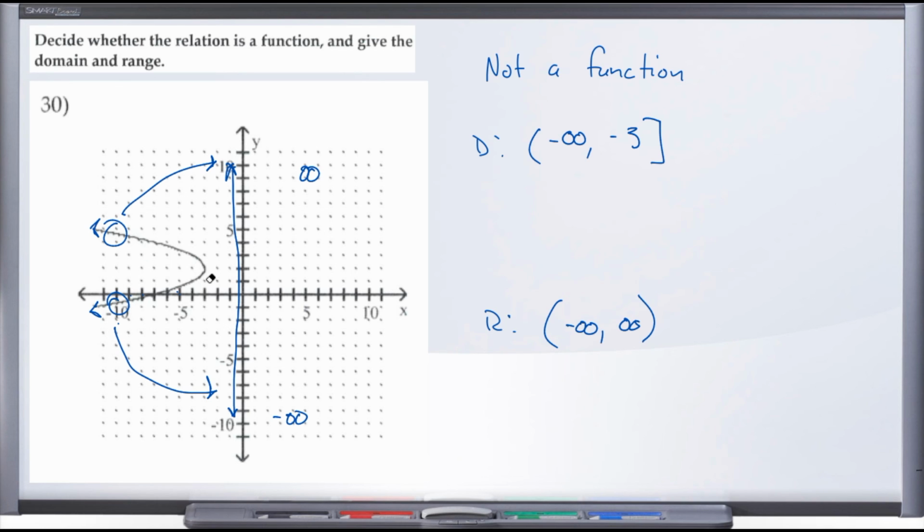It can be a little confusing at first trying to figure out what the domain and range is from a graph, because you kind of have to visualize and manipulate the graph that you're given in your head. So I can certainly understand if you're having some challenges with this, but please come in and see a tutor and make sure that you get some clarification on domain and range.